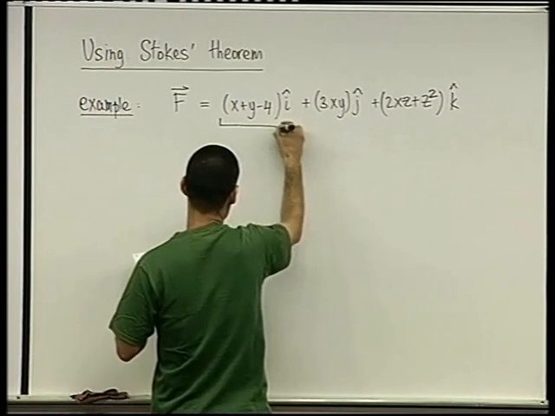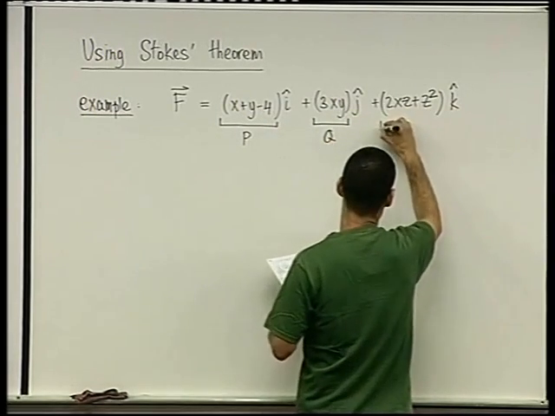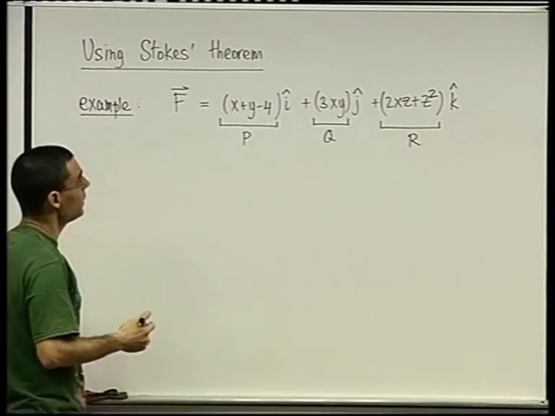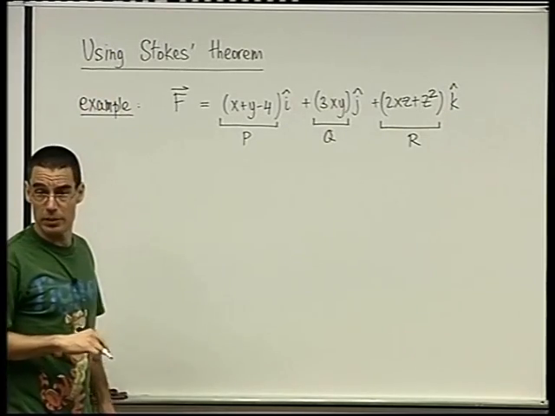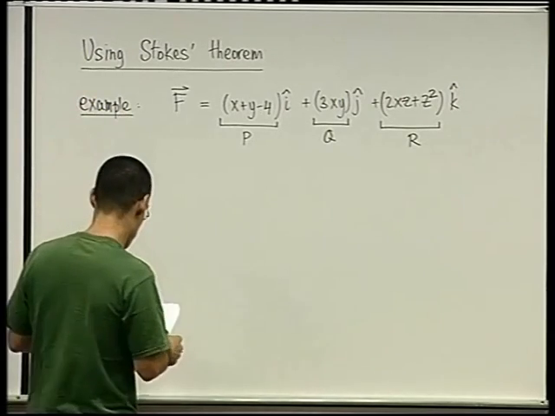So this is our P of x, y, z, this is Q of x, y, z, and this is R of x, y, z. And you can easily see that this field is C1 in the entire R3 space, right? Everything has continuous partial derivatives.